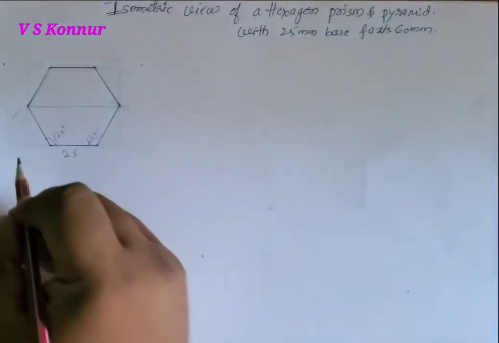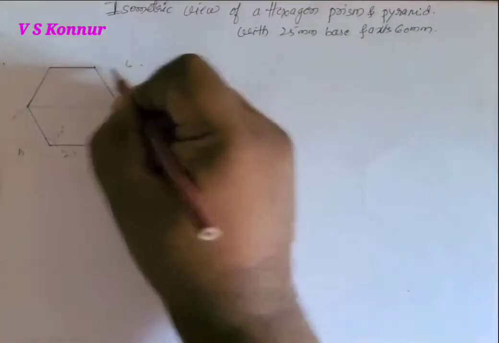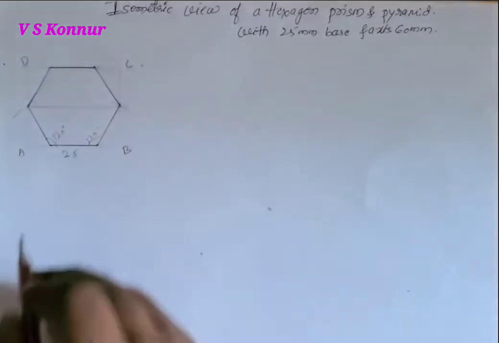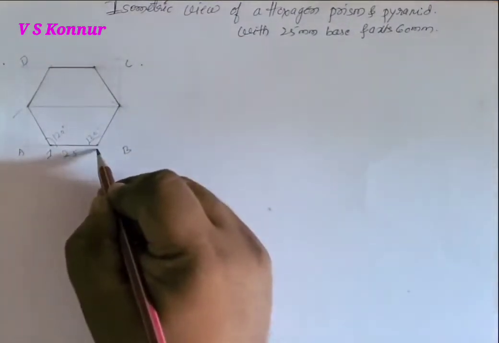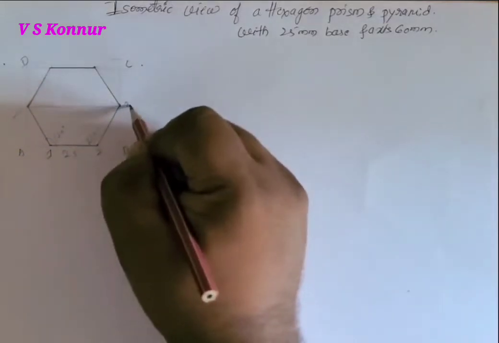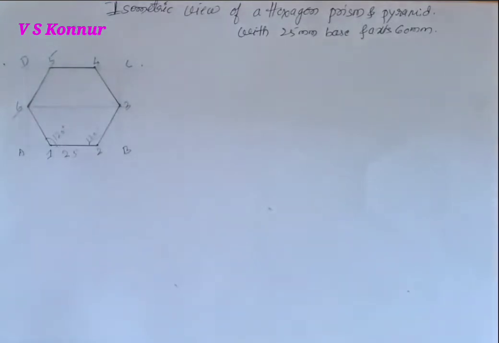For those boxes we have to name A, B, C, D for all the corners, and then for these we have to give 1, 2, 3, 4, 5, 6. 6 corners are there in the hexagon, so 6 corners we have to mention.